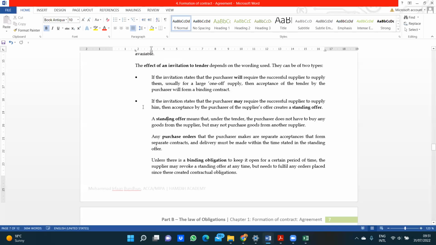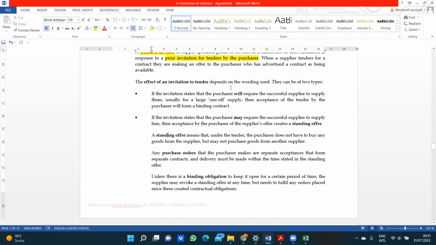The effect of an invitation to tender depends on the wording used. This is very important. There can be two types. If the invitation states that the purchaser will require the successful supplier to supply them, usually a large one-off supply, then acceptance of the tender constitutes a binding contract.